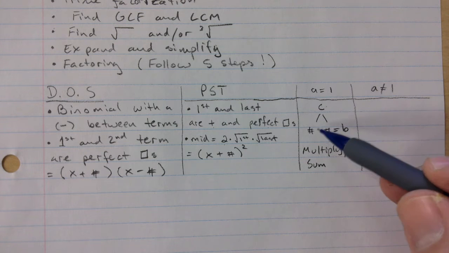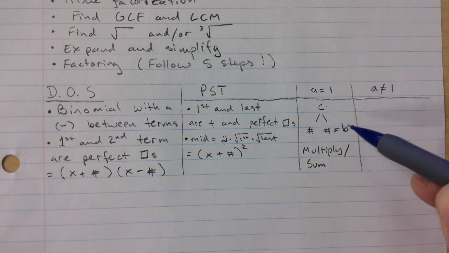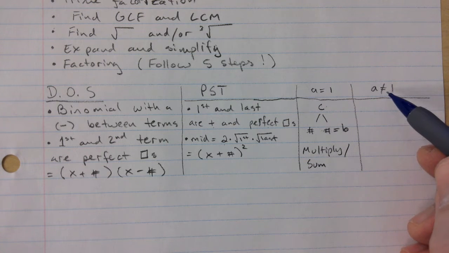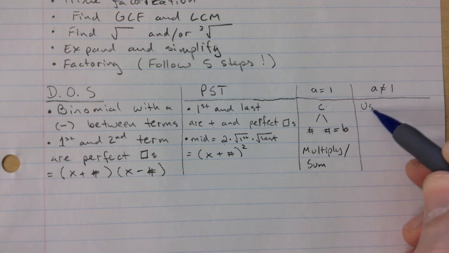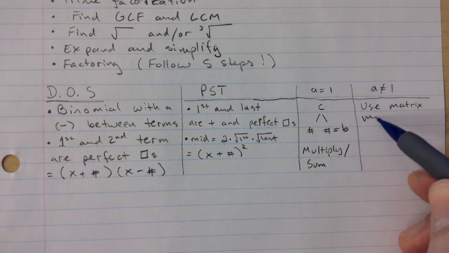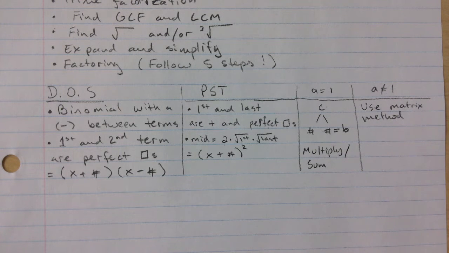And then there's a rule, right? If C is positive, then both of them will have the same sign and it'll be the same sign as B, right? If A is not equal to 1, use matrix method, right?